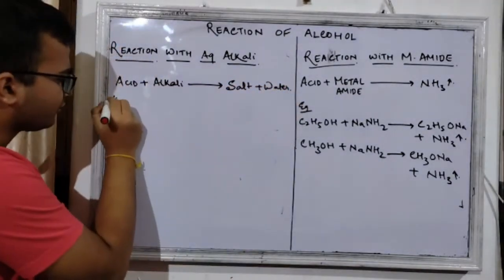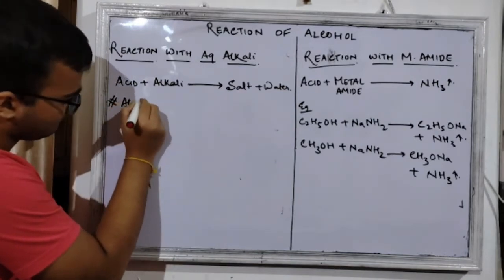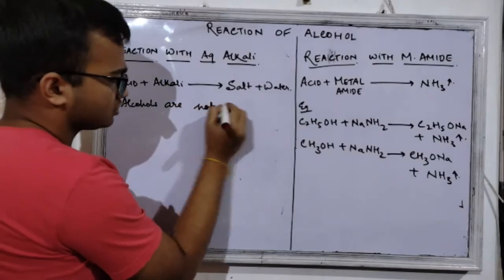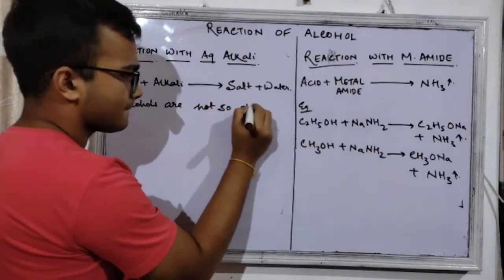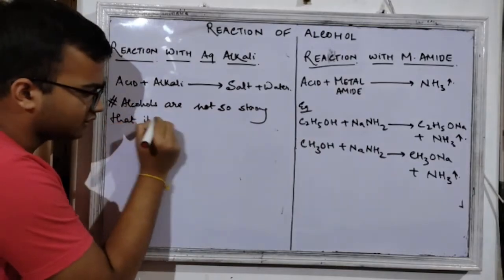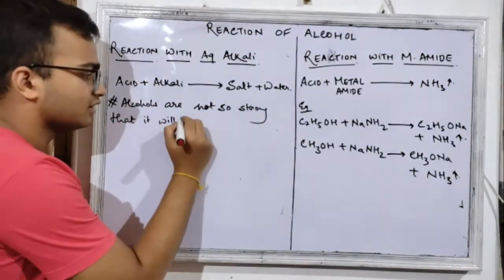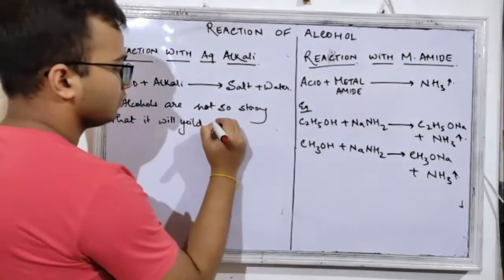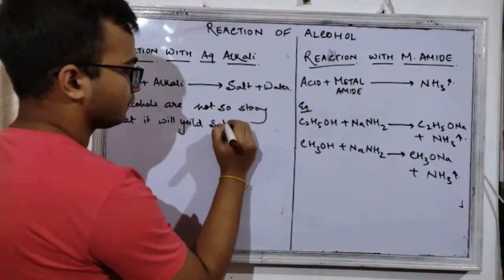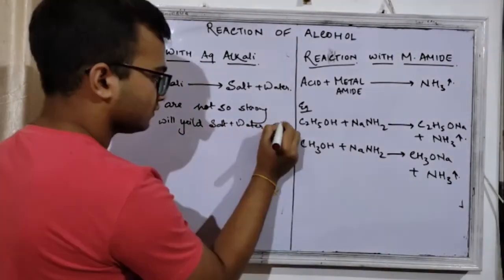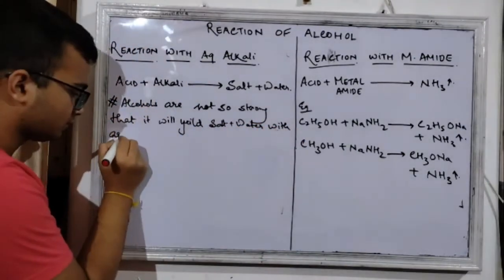Now note a point that alcohols are not so strong that they will yield salt plus water with aqueous alkali.